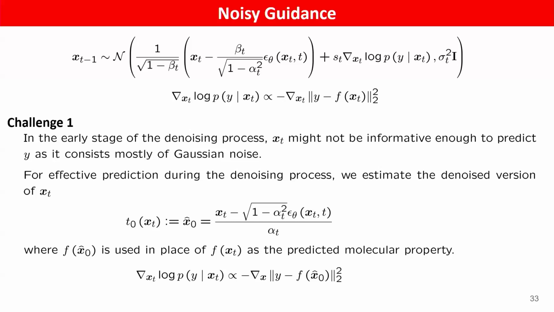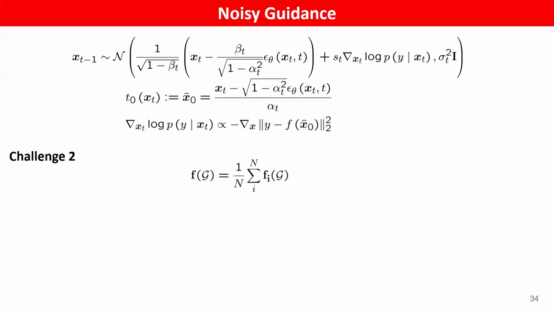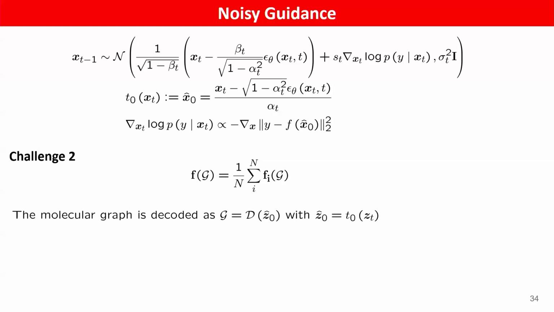All right, when we have that, then we can replace the guidance term here with this expression. And challenge number 2 is that our oracle is not differentiable, and here we need to calculate the gradient. So the question is what to do about that.